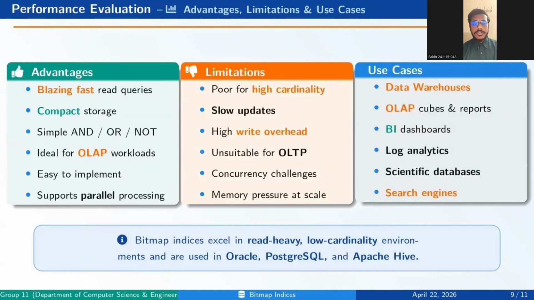Now, the performance evaluation. Advantages: space efficient for low cardinality, very fast AND and OR queries, great for read-heavy OLAP workloads, and support for compression. Limitations: poor for high cardinality columns, more than 100 distinct values, expensive updates, and not suitable for OLTP.